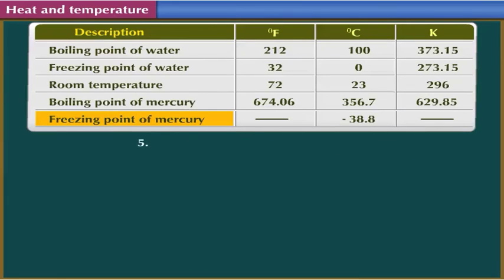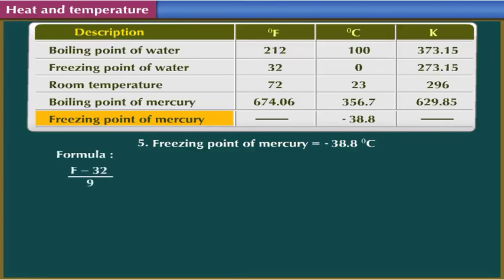Next is freezing point of mercury. 5. The freezing point of mercury is minus 38.8 degrees Celsius. Let us convert it into degree Fahrenheit using formula F minus 32 upon 9 is equal to C upon 5. Thus, F minus 32 upon 9 is equal to minus 38.8 upon 5.